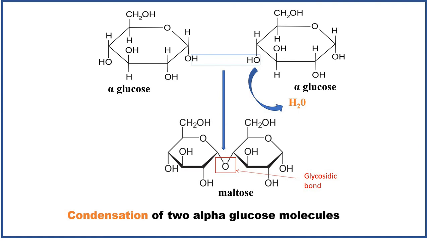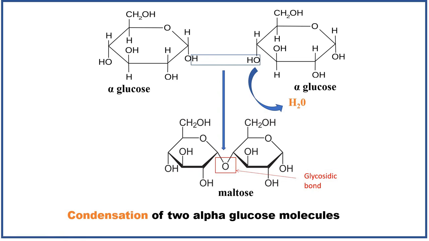So when you join two monosaccharides together, we're looking at alpha glucoses here, what happens is you take an OH from one of the groups and a H from the other group. So a H from carbon 1 and an OH from the 4th carbon. So H2O is taken out of the molecule, and a bond is formed, known as a glycosidic bond.